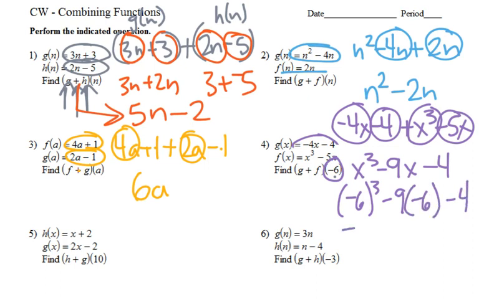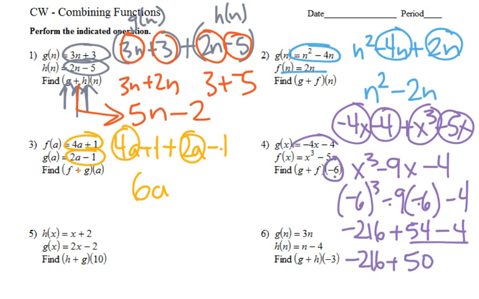Negative 6 cubed is negative 216. Negative 9 times negative 6 is positive 54. Minus 4. 54 minus 4 would give us 50. Negative 216 plus 50 ends up being negative 166. And there's my answer. That's one way you can do it.